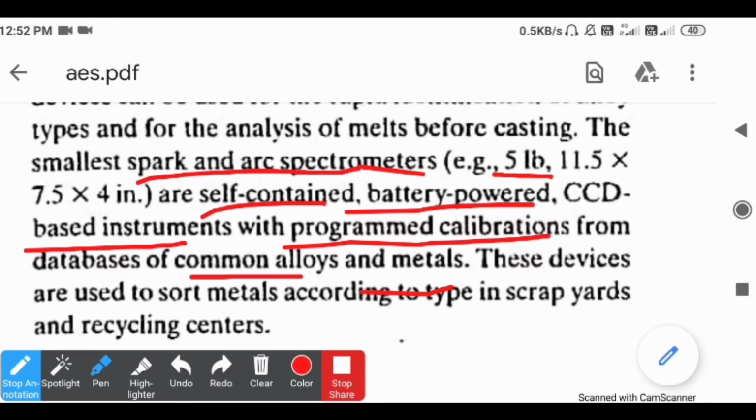The results obtained are then matched with the standards of common alloys, and this is useful for scrap yards and recycling centers.